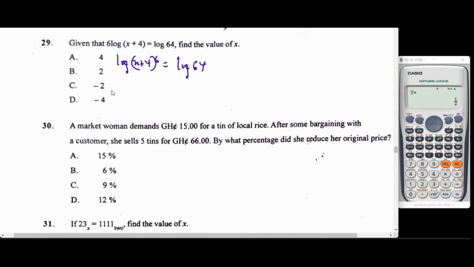So antilog of both sides will do away with the log signs, leaving x plus 4 to the power 6 equal to 64. Then, solving for x, we need to get rid of the power 6. So we find a sixth root on the right hand side. So x plus 4 will be equal to the sixth root of 64.